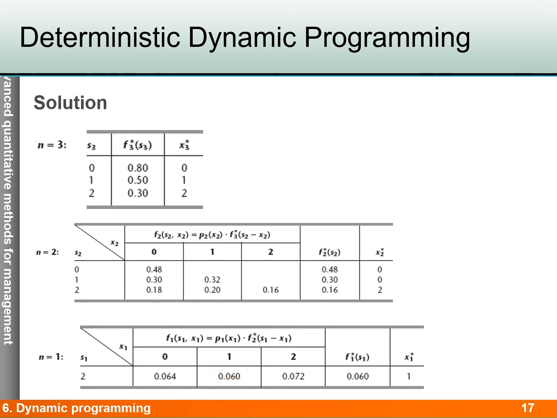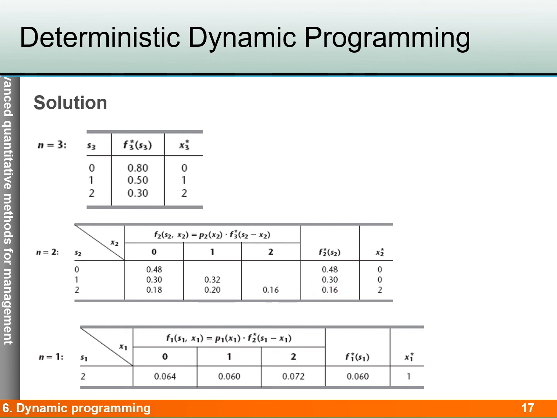We want to assign 1 to the first research team, that is 0.2, and 1 from the other level, which is coming from the previous, that is f2*, what we calculated here. f2* is 0.3.